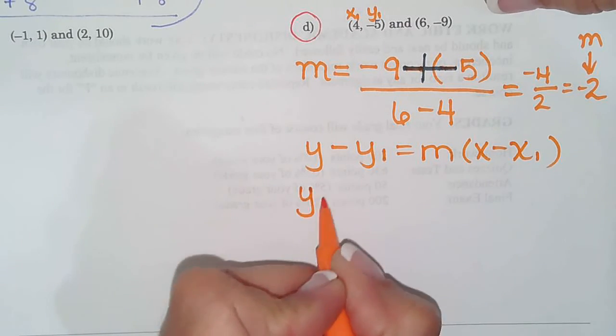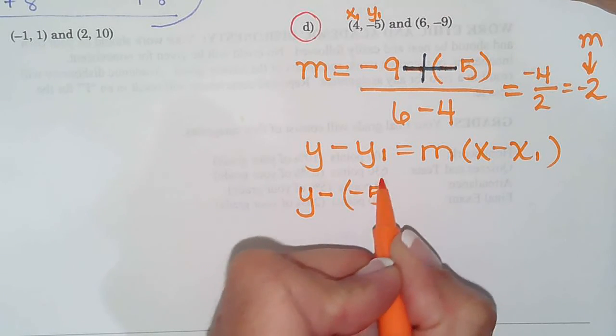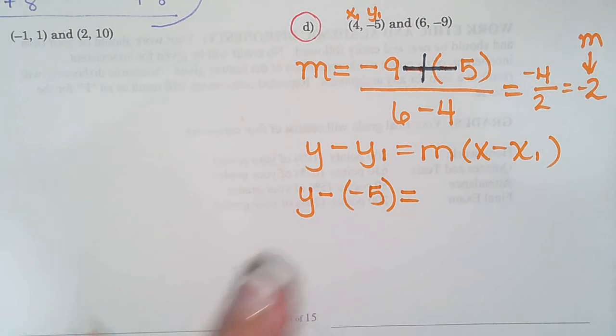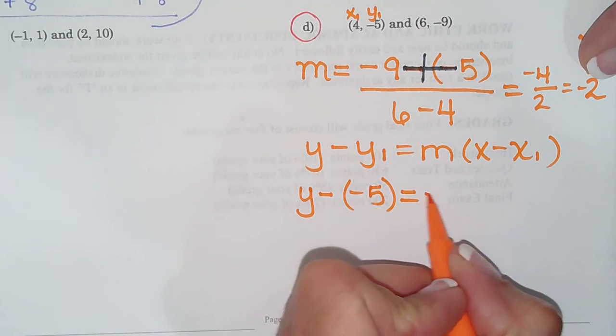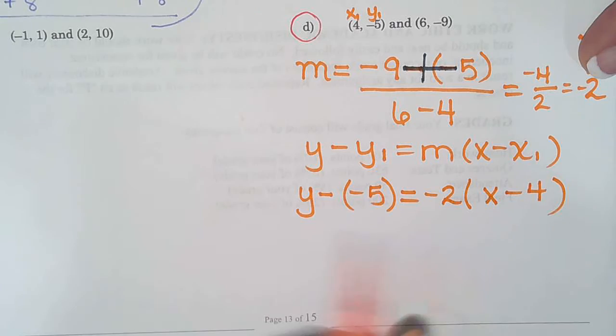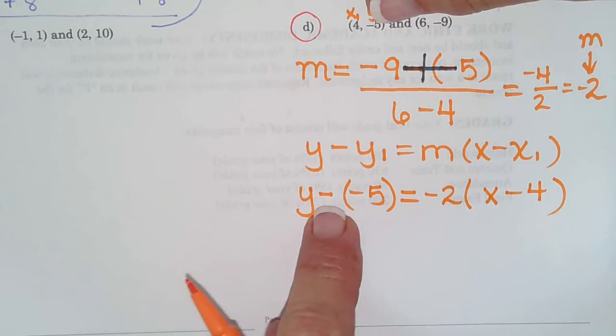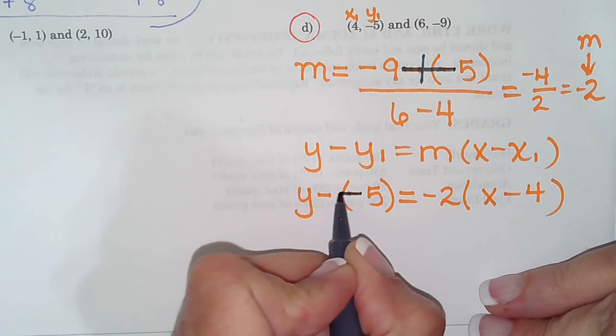So y minus negative 5. y minus negative 5 equals m, negative 2, times x minus 4. Good. So we have our double negative again.